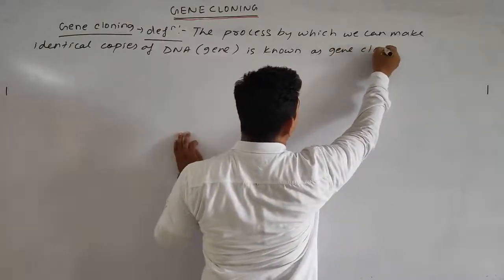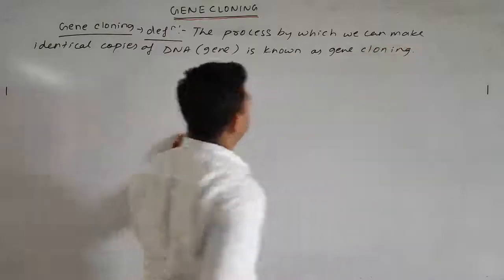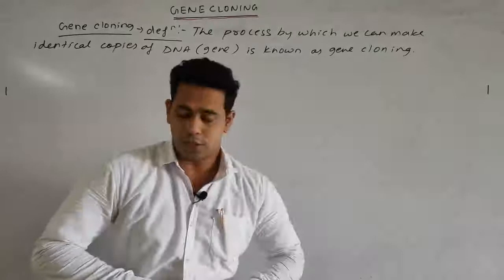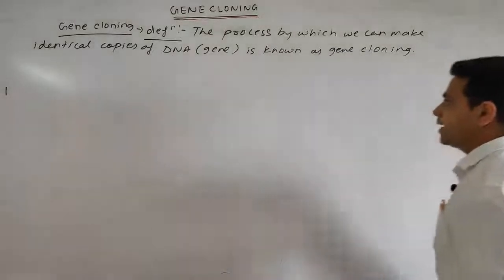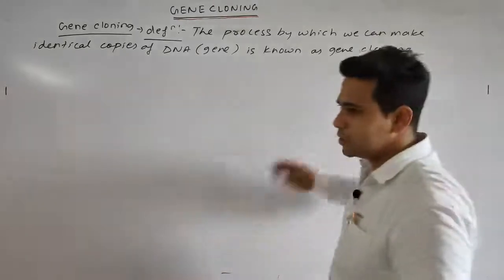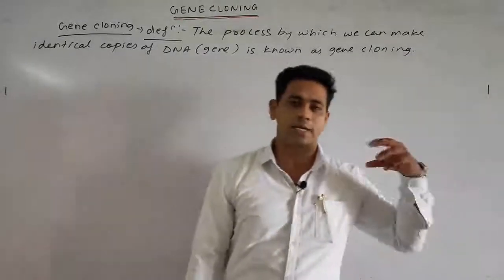So gene cloning means a process in which we can make identical copies of the DNA or the gene. It may be from the extracted DNA.